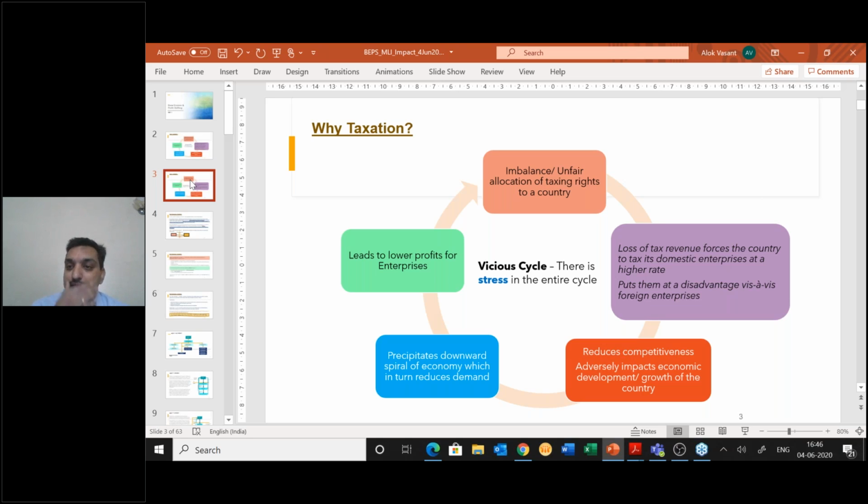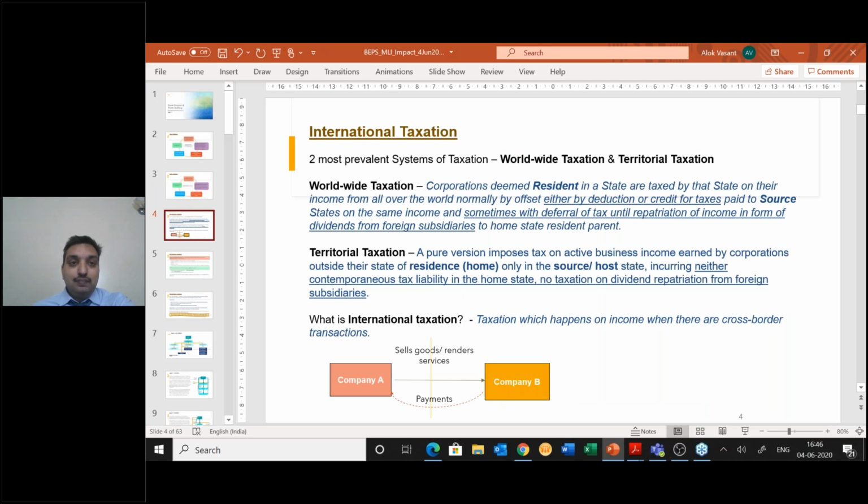Now, having given this context, I think we can move to what is international tax and what is happening there. Now, the two most prevalent systems of taxation: worldwide taxation and territorial taxation. We've all heard about worldwide taxation.